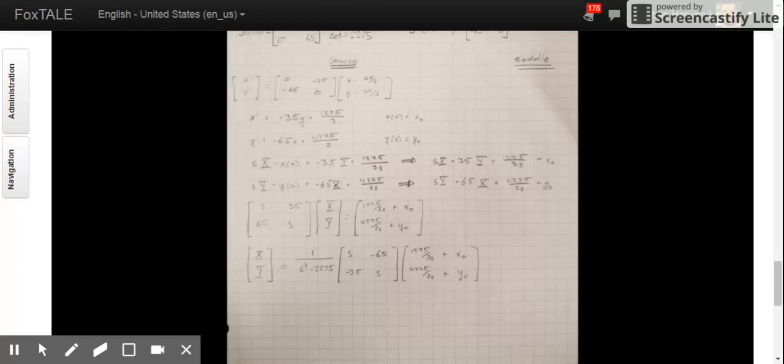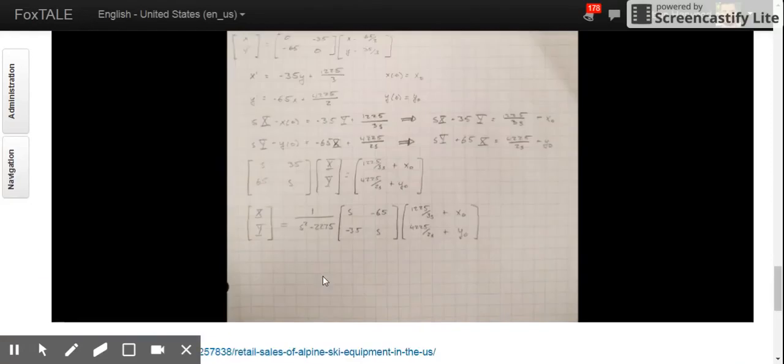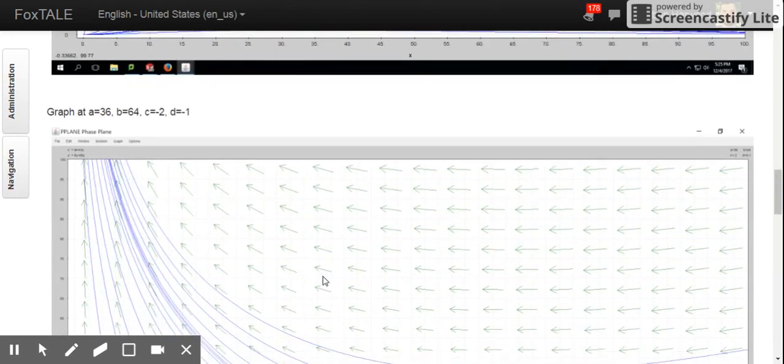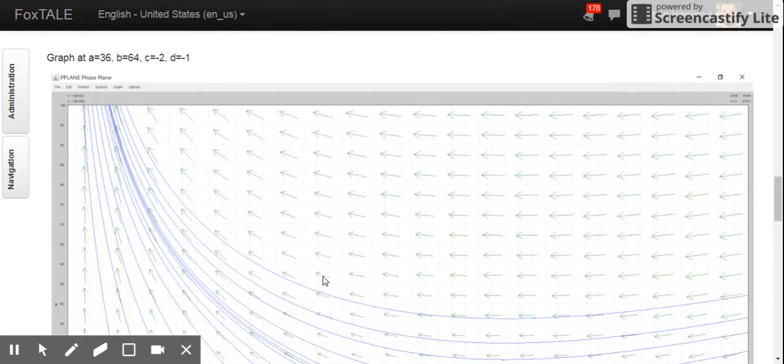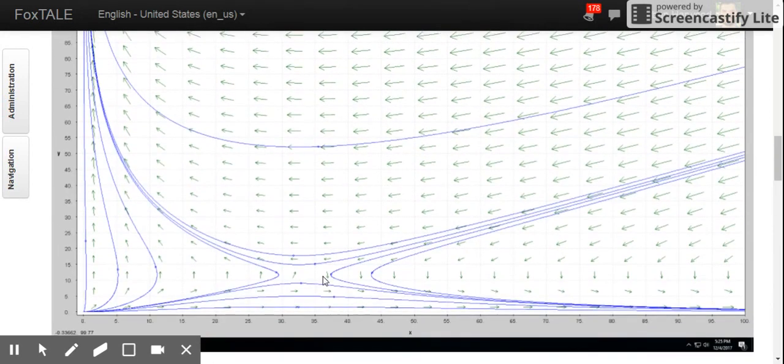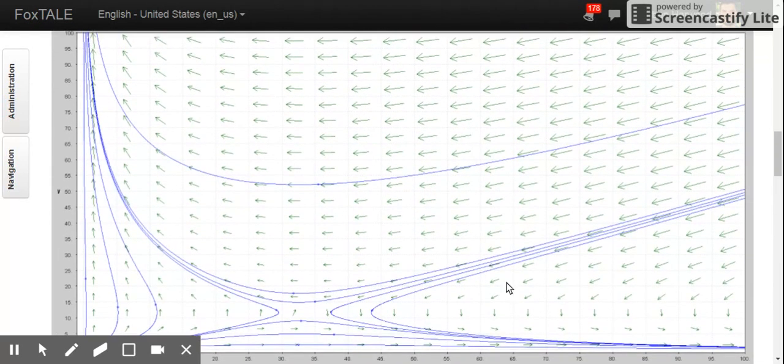Good to know. Yeah, and then if you look at our graph, it makes sense for the competitive market too. We have our saddle point where competitors are driving each other out. As the skiers start going up increasingly, we're getting less and less snowboarders.